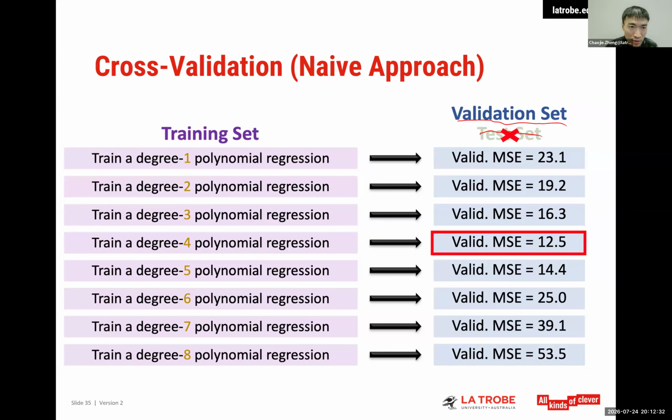And we are still going to try different p-values, and for each p-value we train a different model, generate the validation score for each trained model, and then compare the errors. The model with the lowest validation error will be the best model, and the corresponding p-value will be the optimal hyperparameter value.